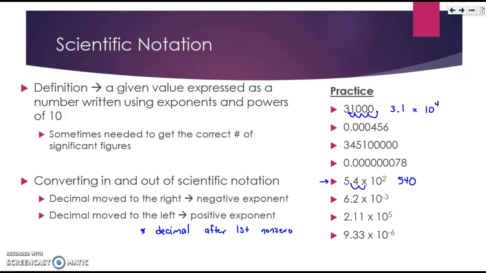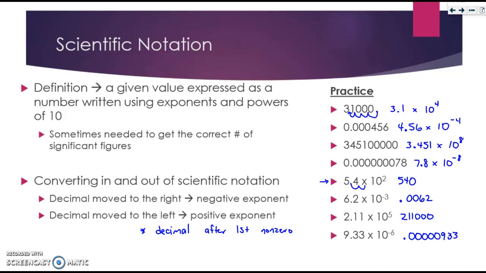Please pause the video and try the remaining practice problems. Please check your answers. For the smaller numbers, they have a negative exponent, and for the larger numbers, they are positive.